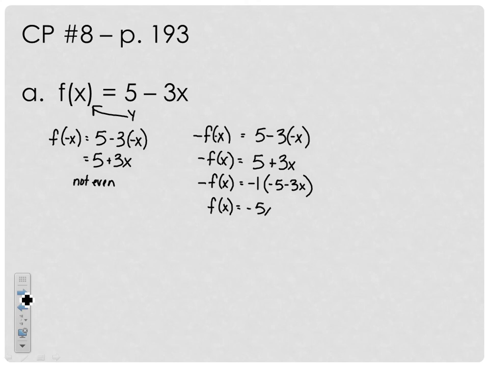I'm going to end up with negative 5 minus 3x. Okay, is that what f of x started out as? No. So we are not odd either. There was no symmetry about the origin. This is not an odd function. So it was not even, it was not odd. There's no symmetry here at all.